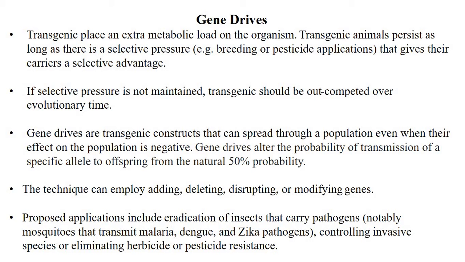But if selective pressure is not maintained, say there is a disease outbreak like we are seeing now, or there's a war and the government is focusing on that war and not on pesticide spray, then the transgenic animals could be outcompeted by the wild type animals.